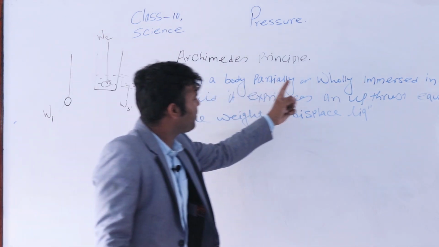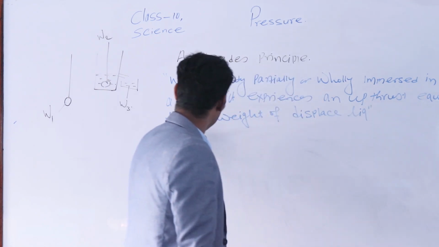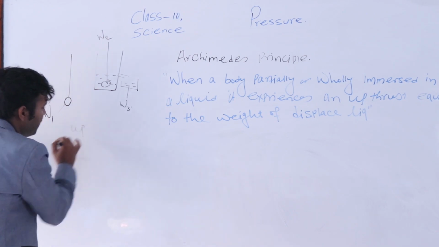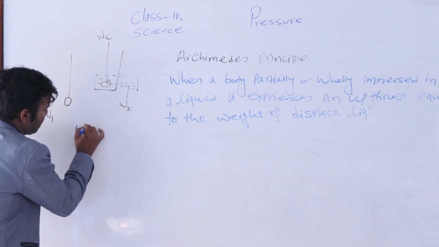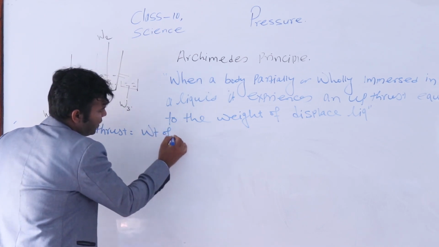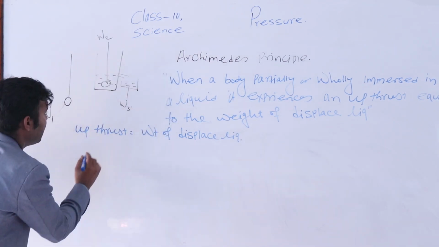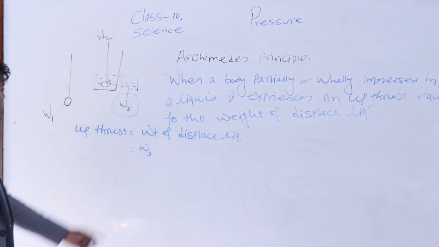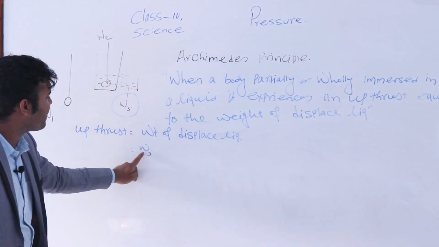Look here, when a body is partially or wholly immersed in a liquid, it experiences an upthrust equal to the weight of the displaced liquid. Hence, upthrust is equal to the weight of displaced liquid, or upthrust is equal to W3. यो weight of displaced liquid रहेछ. यही weight of displaced liquid लाई नै हामी upthrust भन्दा रहेछौं.